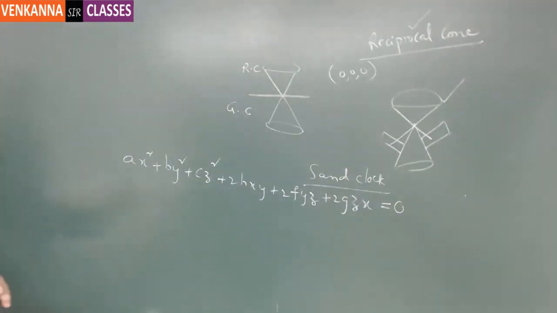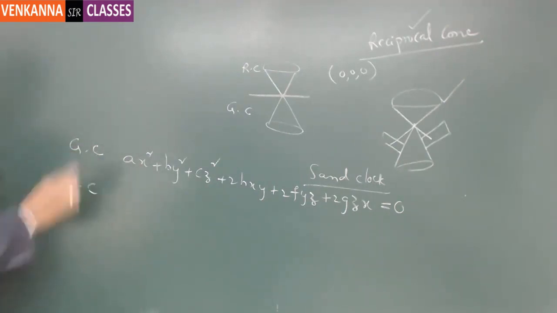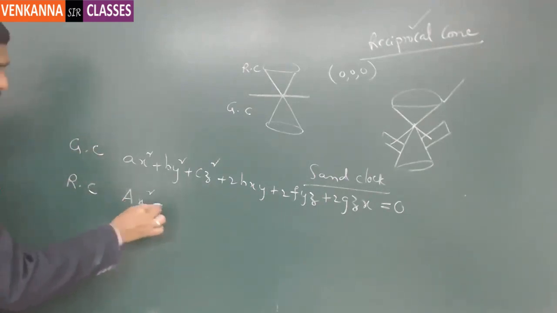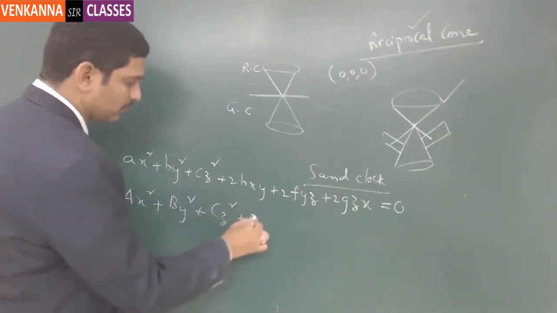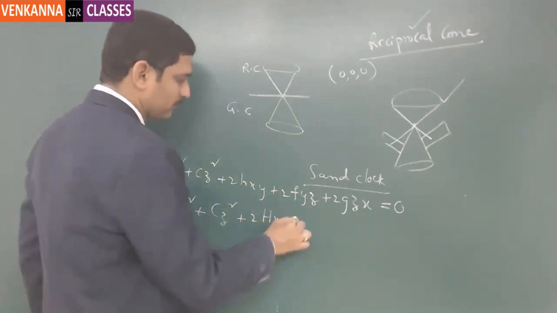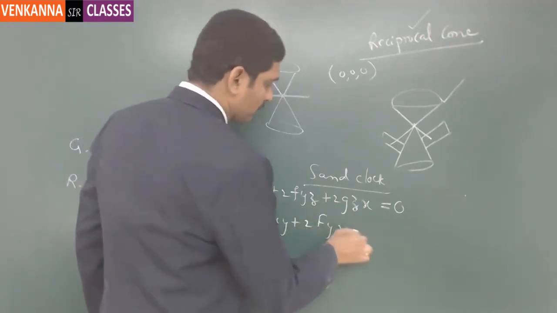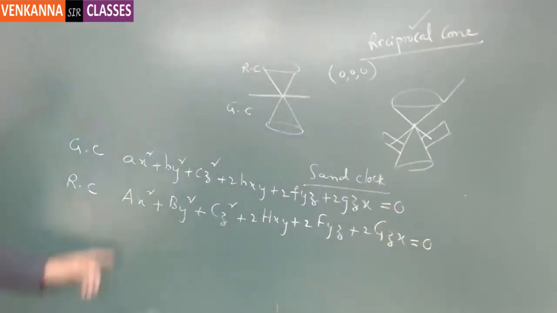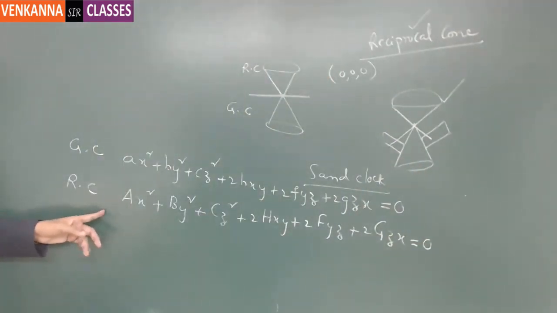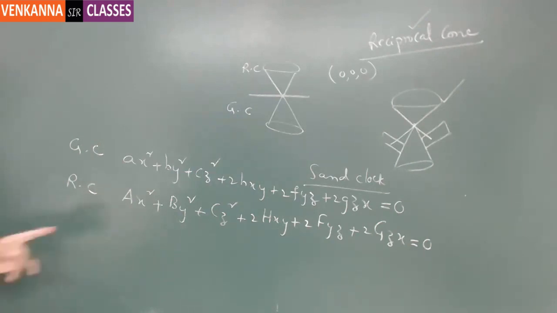If you want to find the reciprocal cone of it, then the reciprocal cone equation is given by this formula, where we use the capital symbols A, B, C. The values of the coefficients are determined from the determinant.